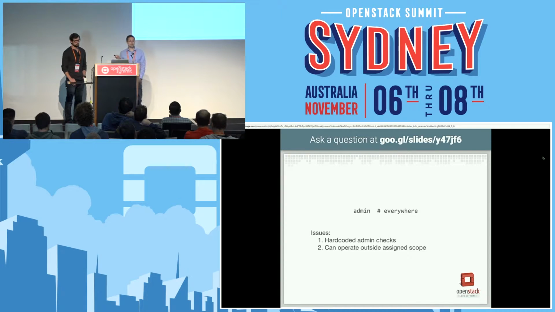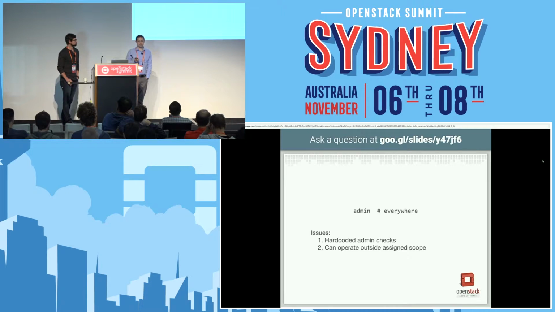So as Lance mentioned, when you assign a role to somebody, you also say they have that role on this project or on this domain. And when you do that, you would expect that if I gave them an admin role in project A, they can only do things in project A. Unfortunately, that's not the case. There's a famous bug that's been open for like 5 years, I think, 968696. The only bug you'll ever hear referred to by number in OpenStack, that I'm aware of anyway.